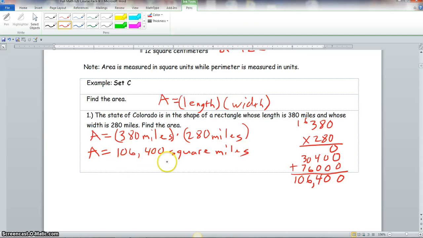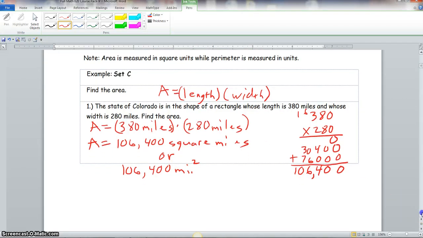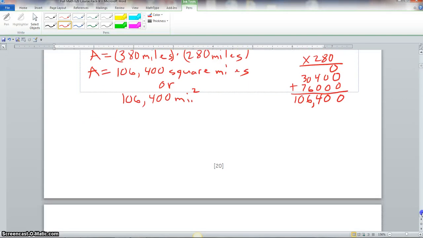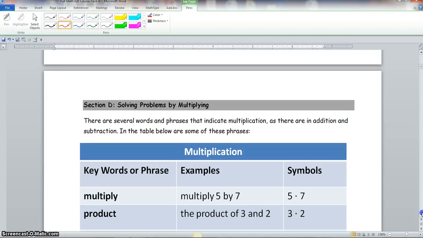Now, since we are using MyMathLab, it can have it written as this here, or your answer could be 106,400 miles squared. Either one of these is acceptable, but you have to check it out on MyMathLab to see which one it takes.